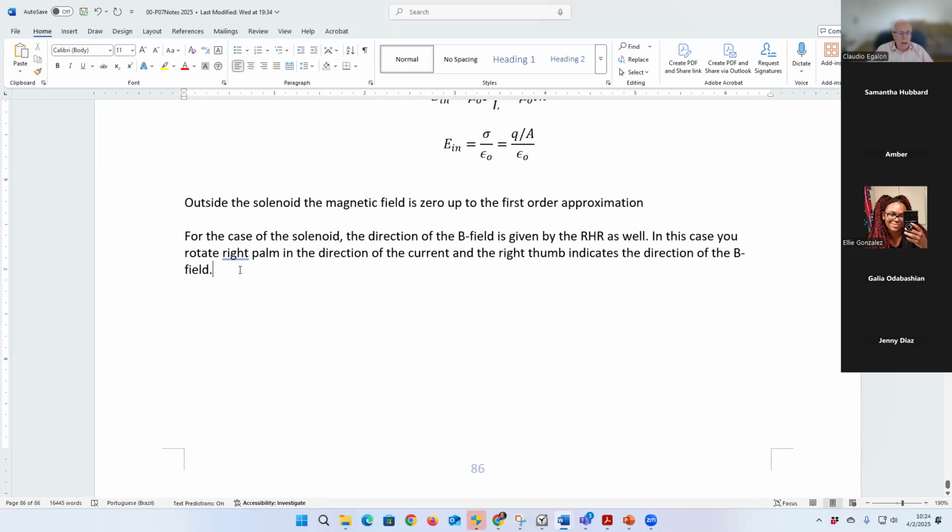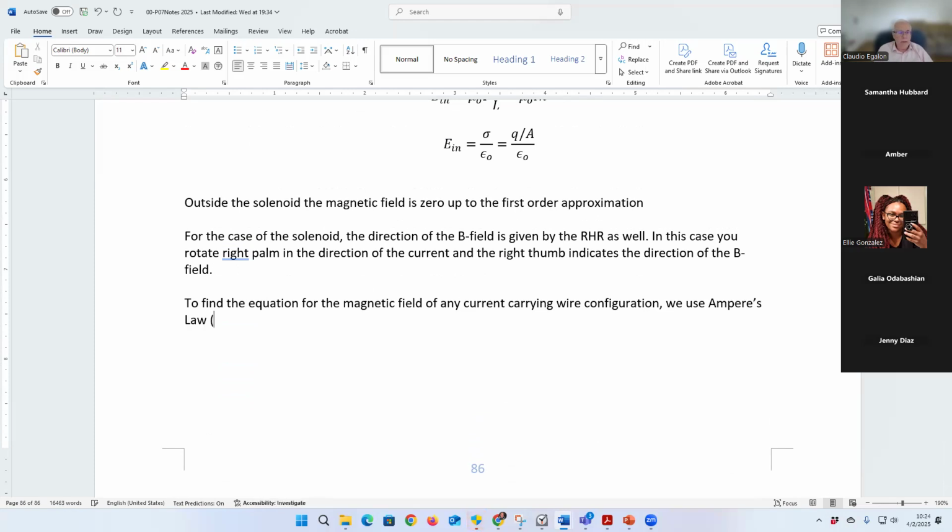To find the equation for the magnetic field of any current carrying wire configuration, we use Ampere's law.